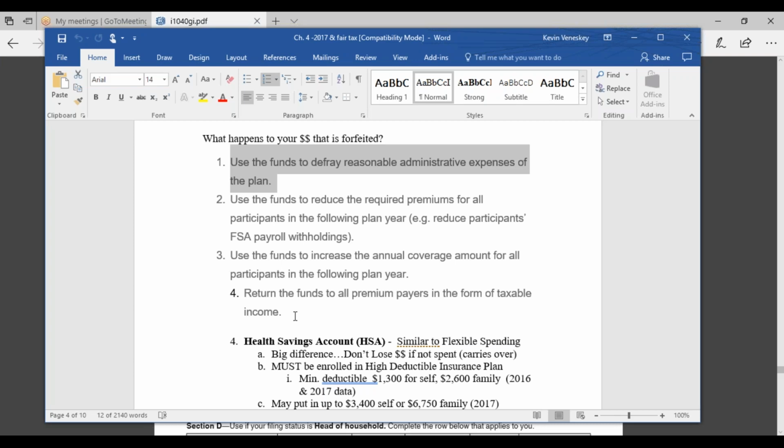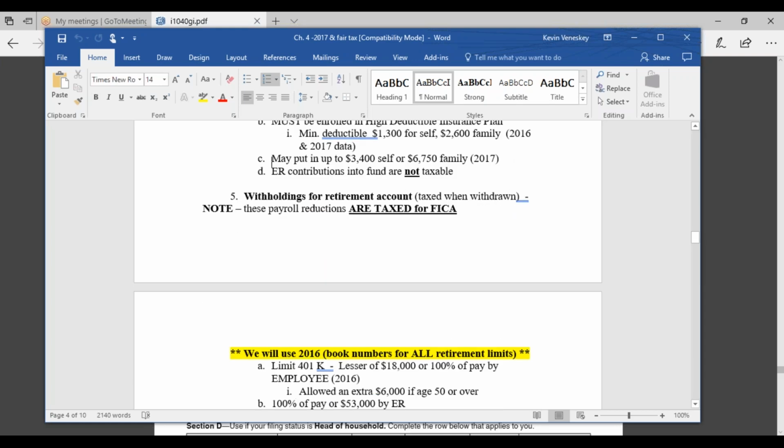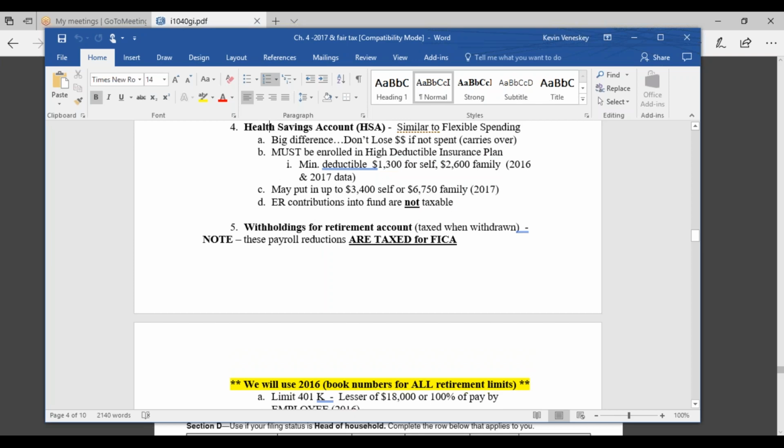That bank is going to collect the money for you on your behalf and then reimburse you or pay it directly through like a debit card for your medical expenses. Well, that bank is going to charge your employer a fee to do that. And so a lot of times that money that you might lose will go to help cover some of those costs. Now, like a flexible spending, you have an HSA option if you have a high deductible.